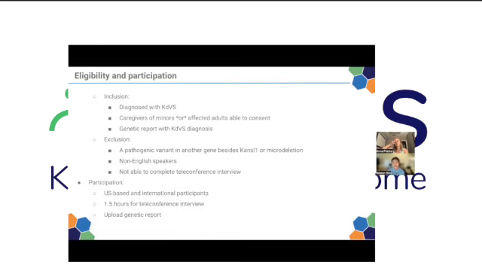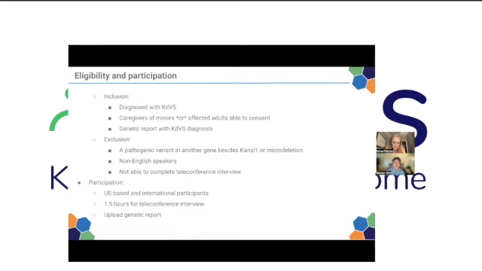So if they look at their genetic report and they have anything other than that 17q21.31 microdeletion or a KANSL1 variant, they are most likely not eligible to participate. Correct. Got it.